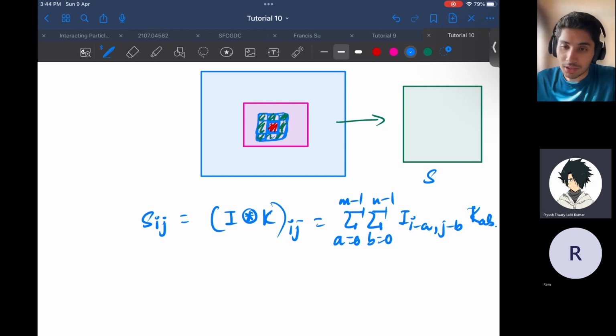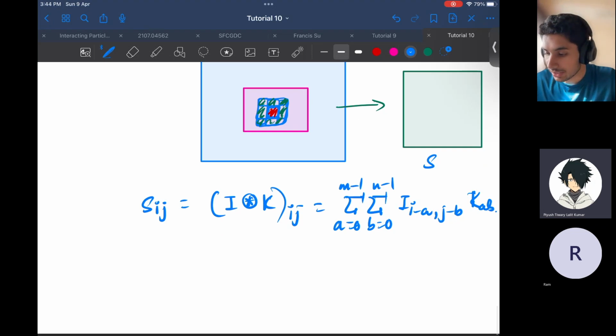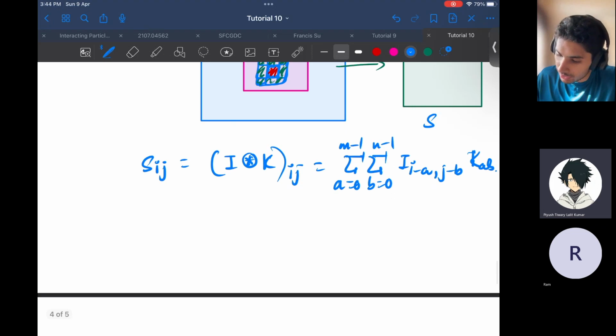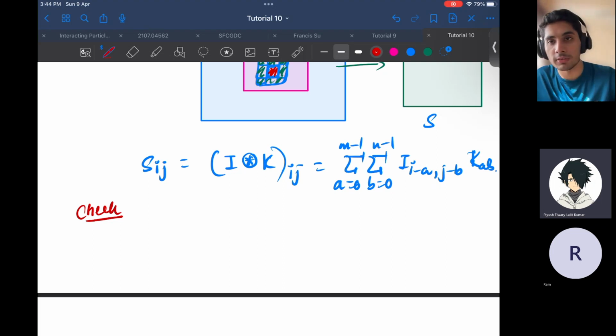So now I would appreciate you going ahead and checking this. I will just write it here because if I go into this, we will miss the problem solving part, which I will start in just a second.